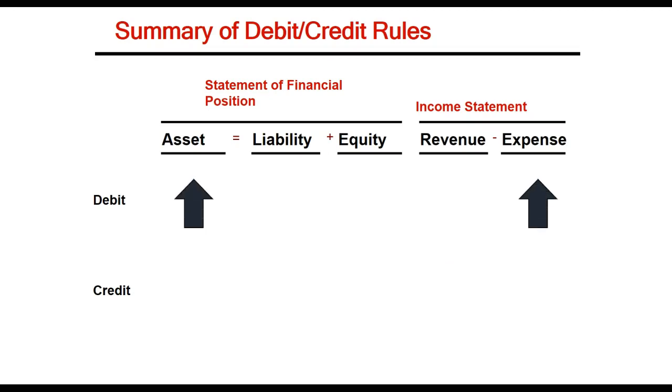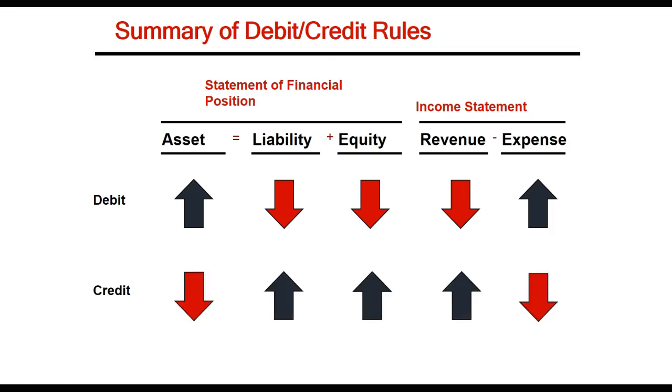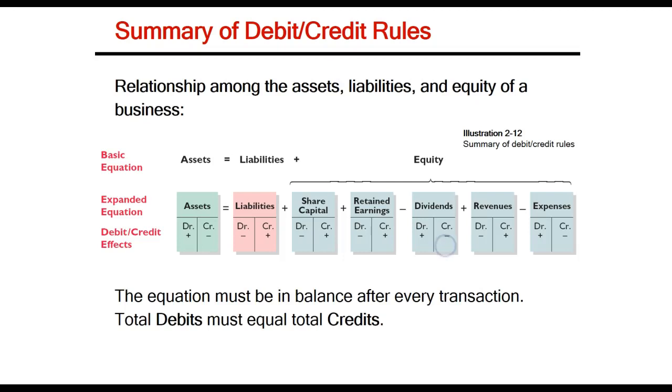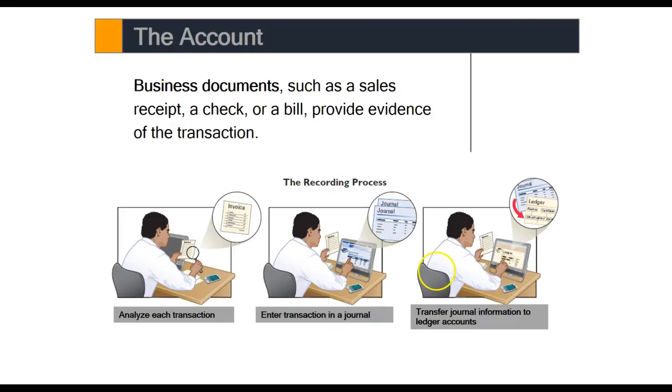So again, assets increase on the debit side, and liability, equity, and revenue increase on the credit side. Okay? There's your summary. You basically have to memorize this. And that's how we're going to record the transactions in the business document.